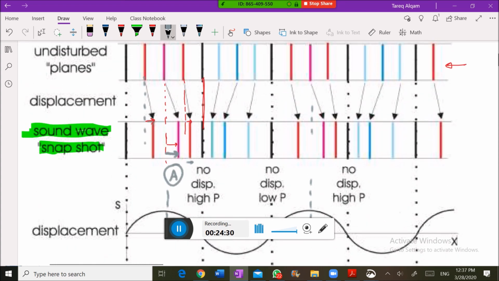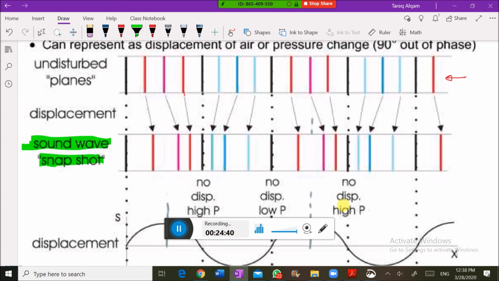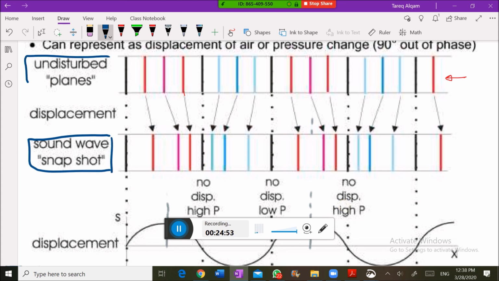Let me repeat. In order to find the amplitude, guys, I have to compare a disturbed plane, the wave, you see it? The sound wave snapshot, with the undisturbed planes. Because the amplitude is the maximum displacement from the undisturbed planes.